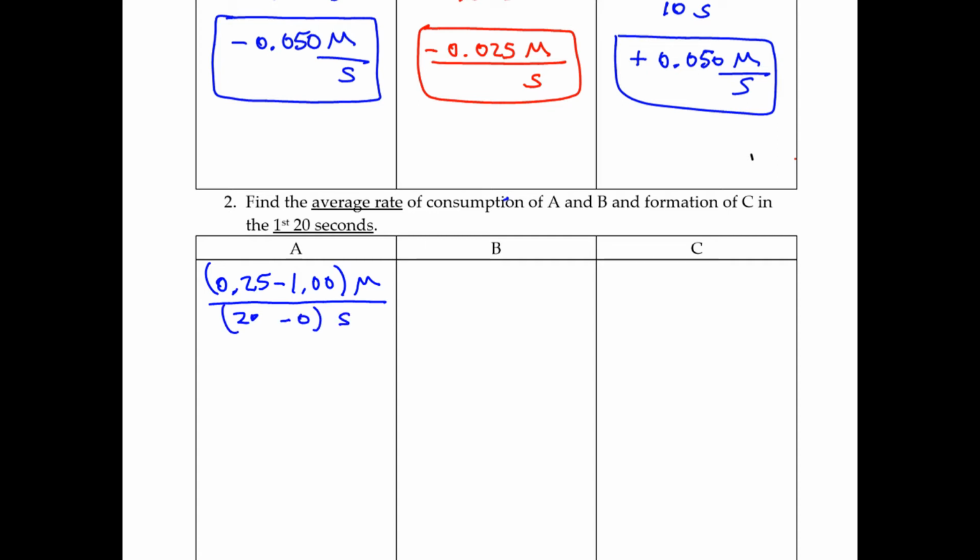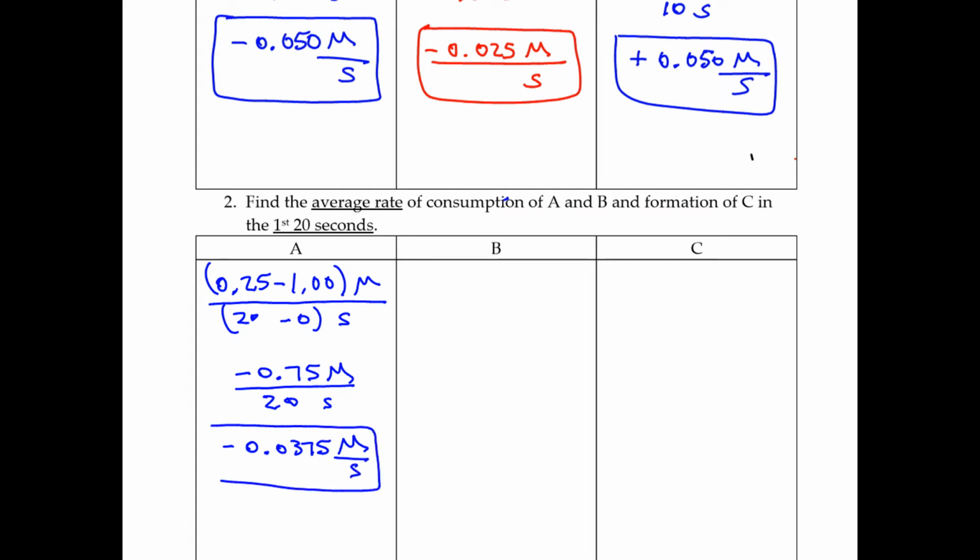Do the math for that, you get negative 0.75 molar per 20 seconds. And that's going to equal negative 0.0375 molarity per second. That's going to be the average rate in the first 20.